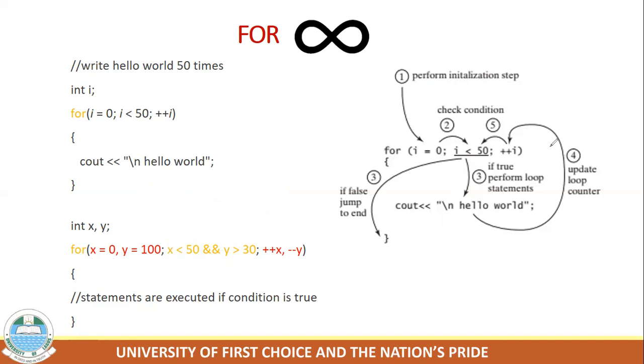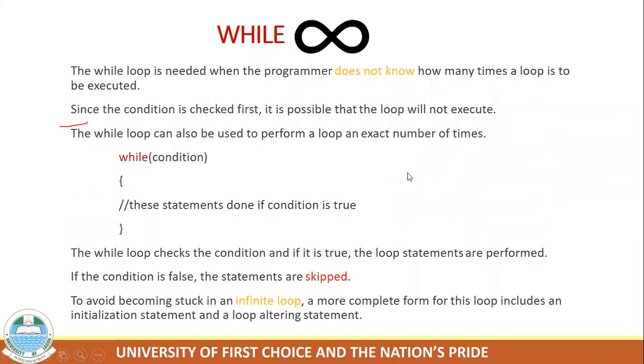So for you to iterate, to keep executing a statement, one of the keywords you use is the for statement. All right. So let's move on. Now, when you know the number of times you want to execute a statement, you use the for statement.